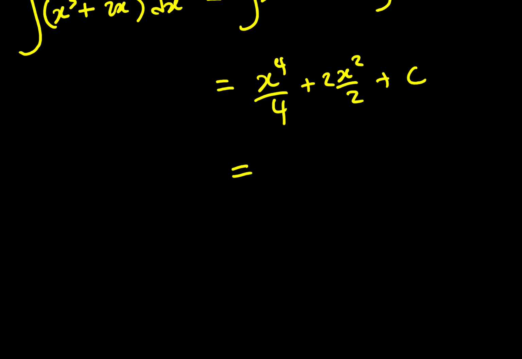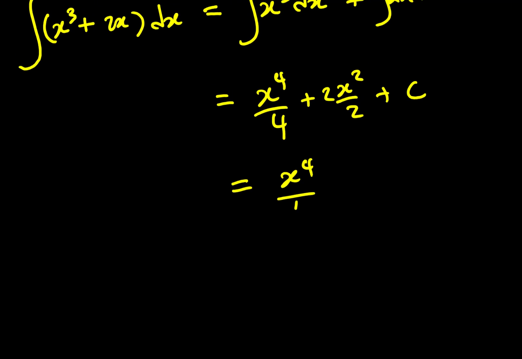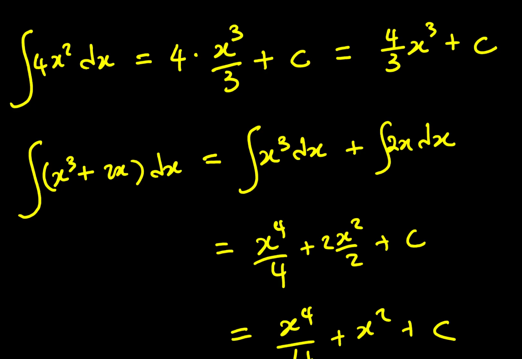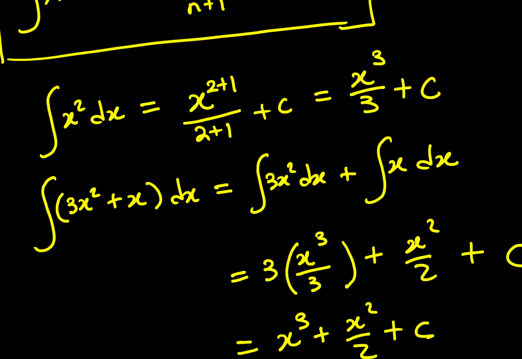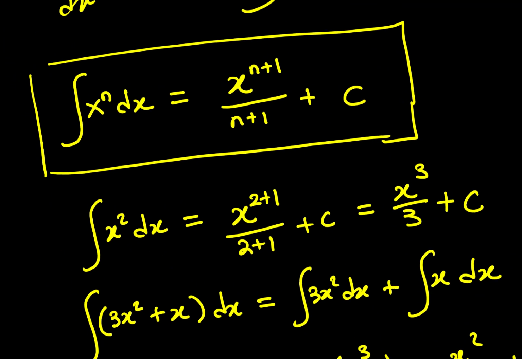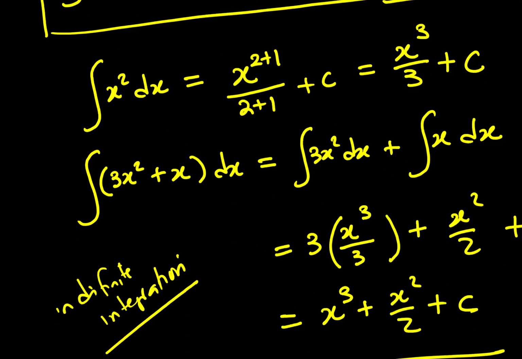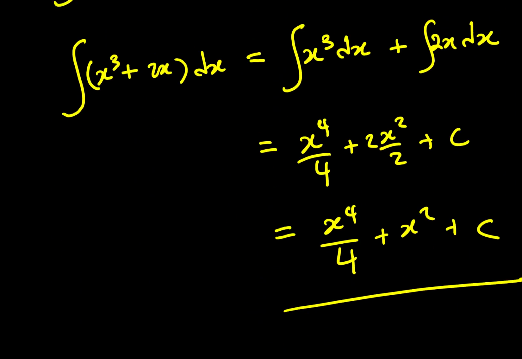And if we simplify this, this will be x to the 4 over 4 plus x squared plus c. And that is our answer. Now, this right here, the integration without limits, is what we call indefinite integration.